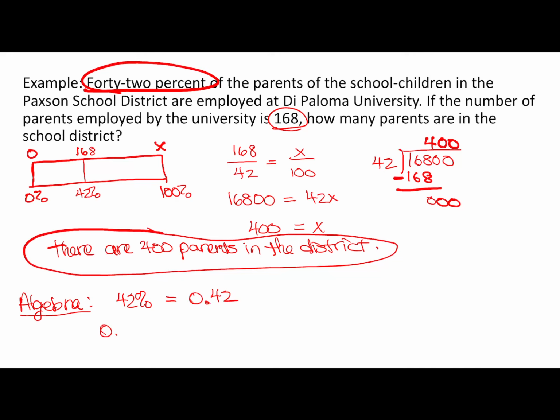And so I'm going to write 0.42 times x, where x is the number of parents, equals, well, 42% of x equals 168. And now we divide by 0.42 to solve for x. X equals 400. Okay.